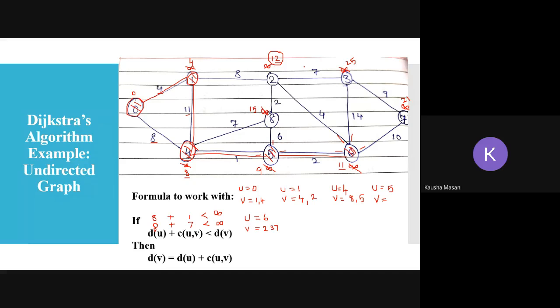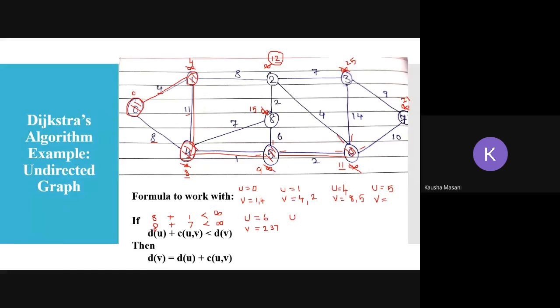Again, I'm saying you don't consider the edge. Consider the distances, which is what we are writing or updating on top of the vertex. So what is the list of distances? 12, 15, 25, and 21. So 12 is the shortest one.